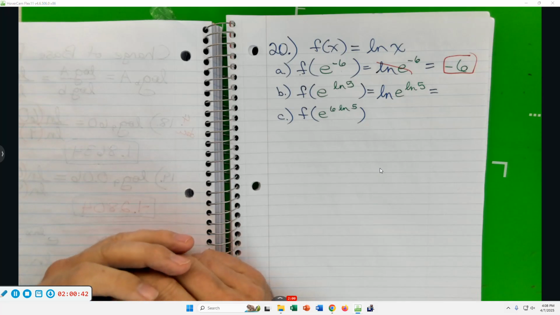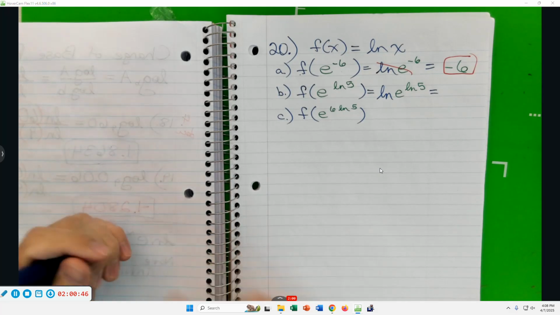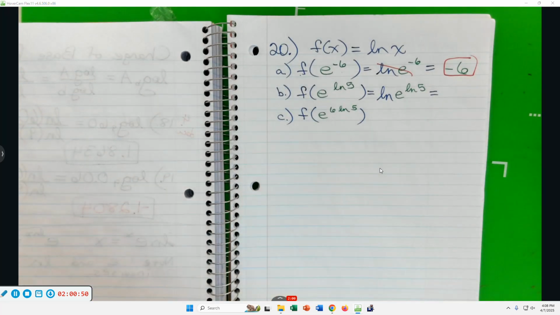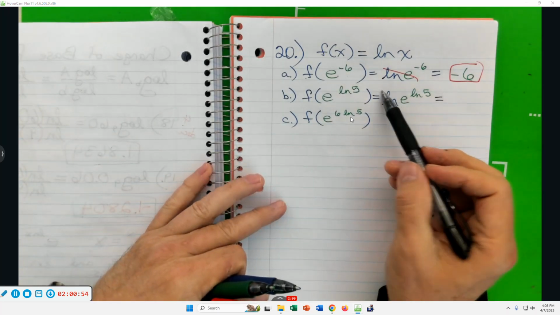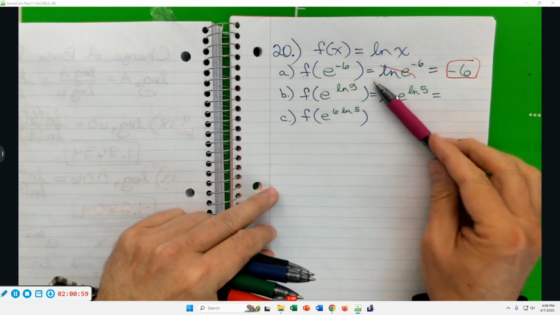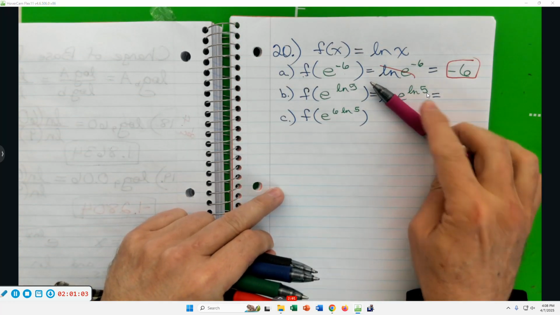That's not correct. There's a one-to-one correspondence. You can cancel one e with one ln. You can't cancel two ln's with one e. So you could cancel right here the e and ln, and that leaves you with ln 5.